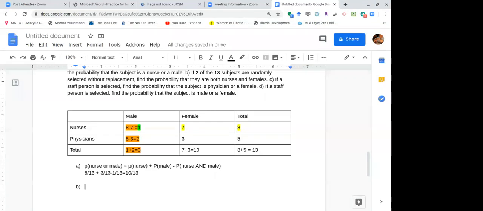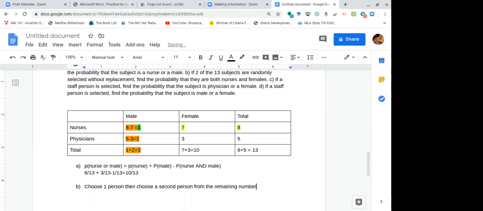But anyway, if 2 of the 13 subjects are randomly selected without replacement, we're choosing 2 people. What this means is we're going to choose one person first, then choose a second person from the remaining number.